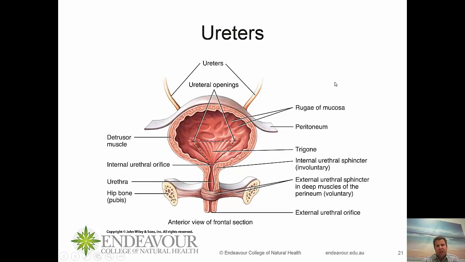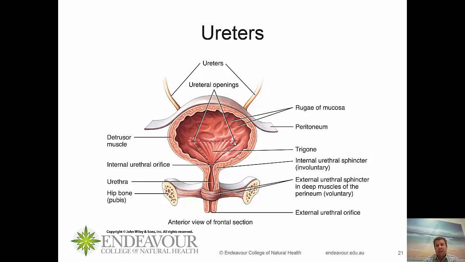You can see here's our ureter from one kidney, and the ureter from the other kidney. They come in onto the posterior wall of the bladder, and these two points, here and here, is where they enter the bladder. So we have the entry point of urine that's been formed way up in the kidneys. It's come down the ureters and enters here and here.